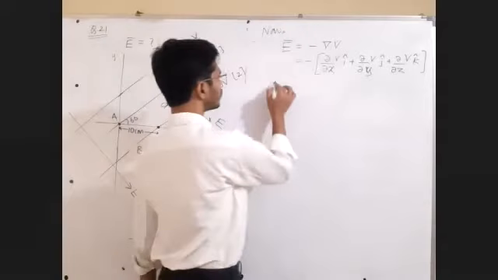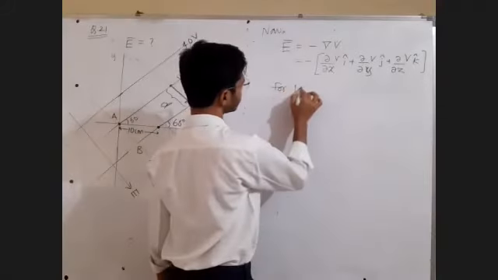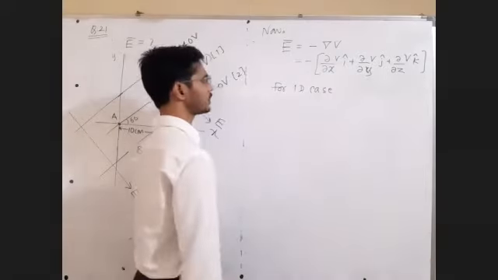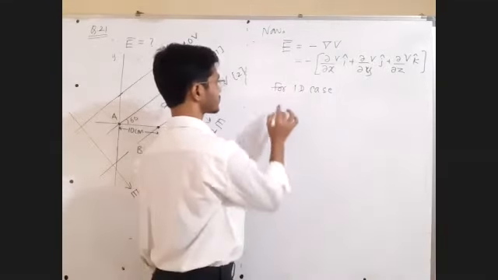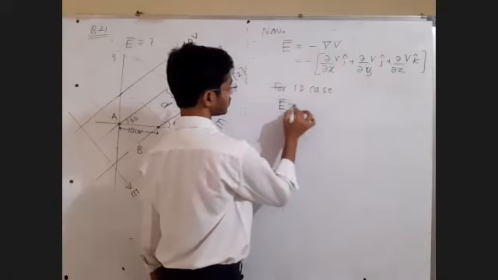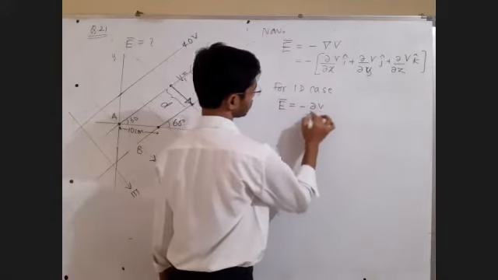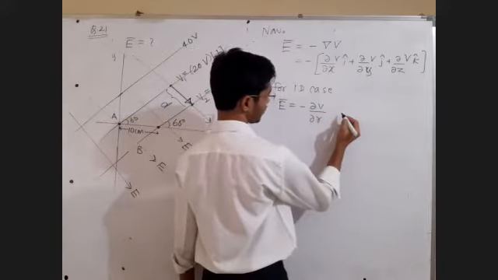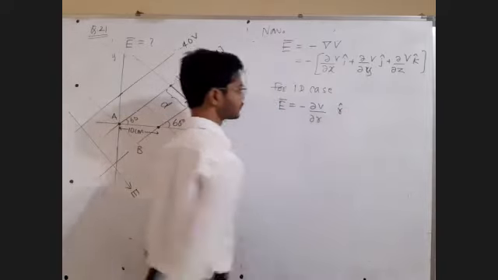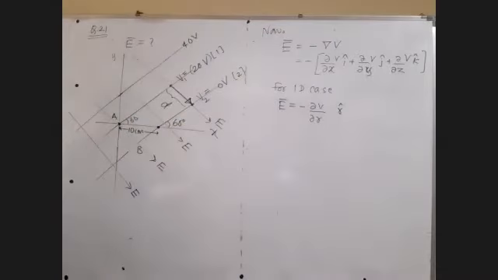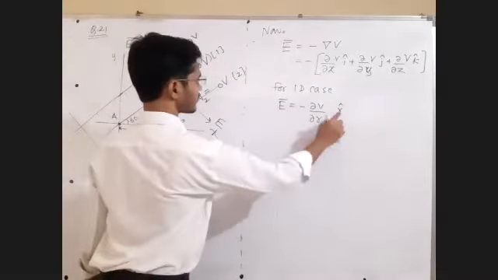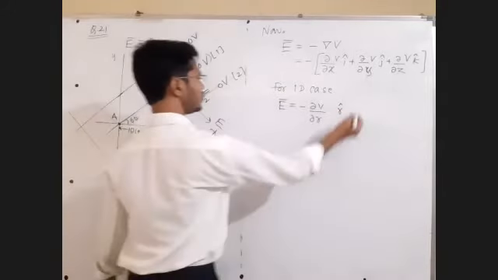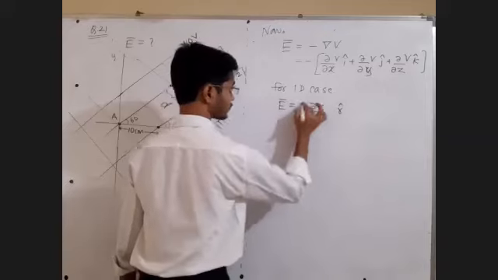For the 1D case, if the electric field is only in one direction, what you can do is this: minus dou V by dou r into r cap, where r cap is the direction of the electric field, and ultimately you will get the final and perfect direction.